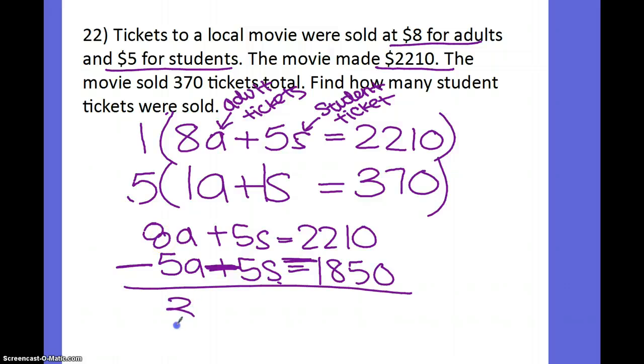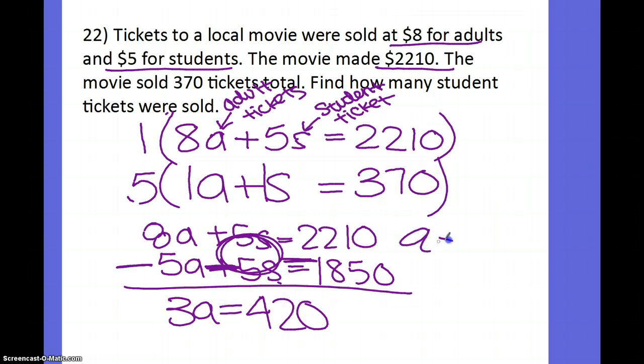8 minus 5 is 3A. 5 minus 5 is 0. 2210 minus 1850 is 420. Divide out by 3 and you get A is 140 adult tickets.